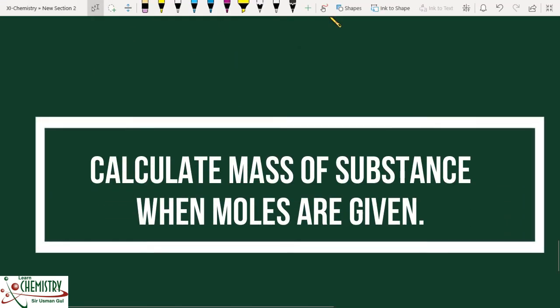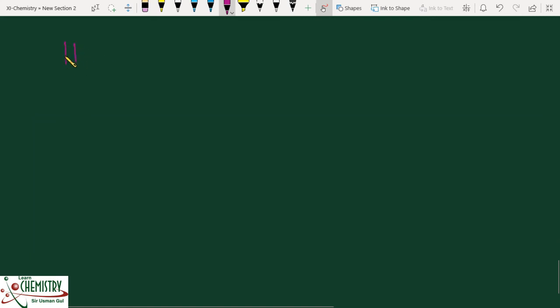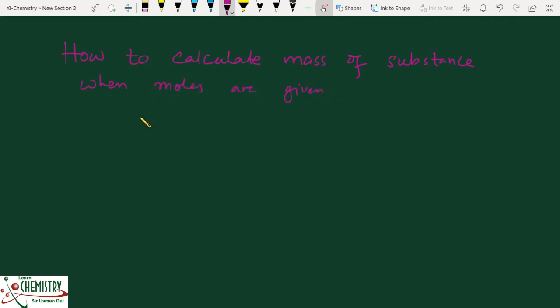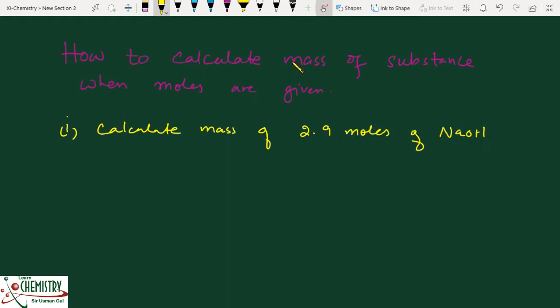Now I will explain calculation of mass. How to calculate the mass of a substance when moles are given. Let's suppose I have a first question: calculate the mass of 2.9 moles of NaOH.